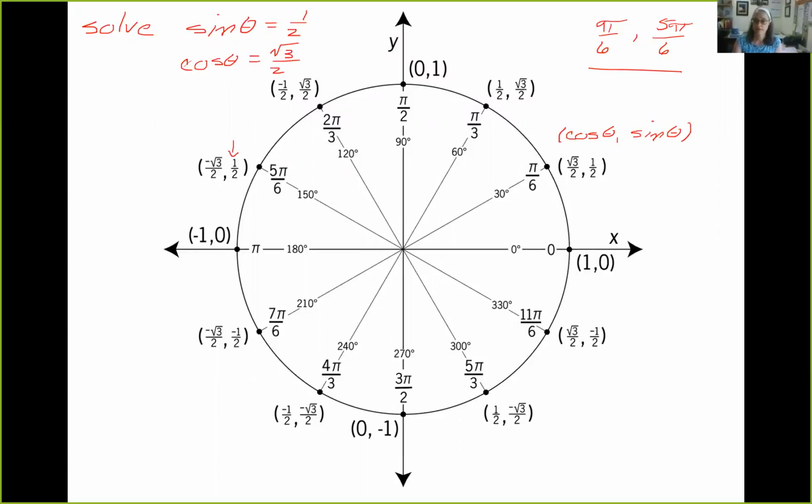Well, that would be 120 degrees and 60 degrees. Or 2 pi over 3 radians and pi over 3 radians.